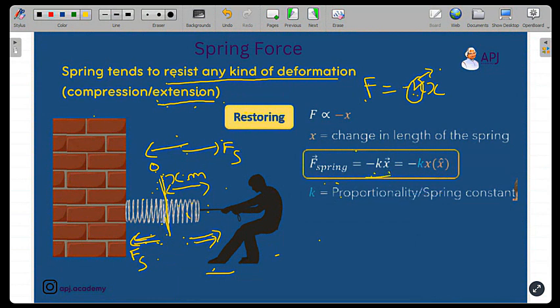What does the minus sign indicate? The minus sign indicates that the spring force is applied in the opposite direction to the force you have applied.